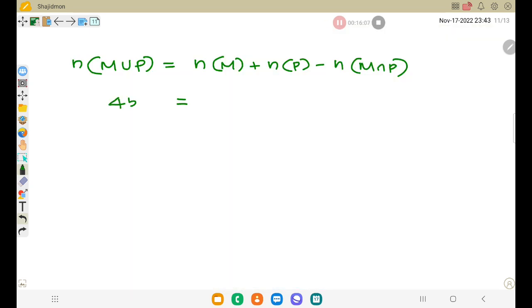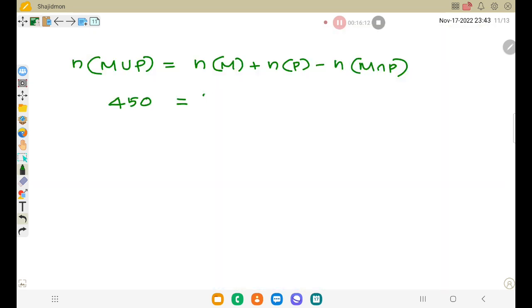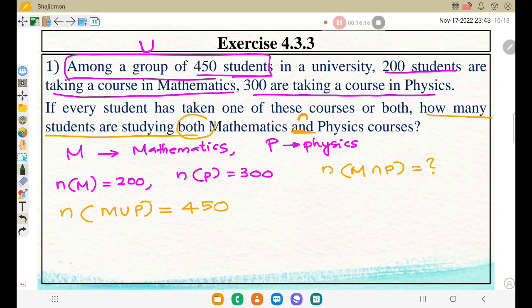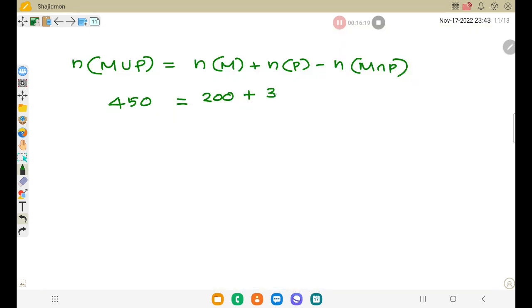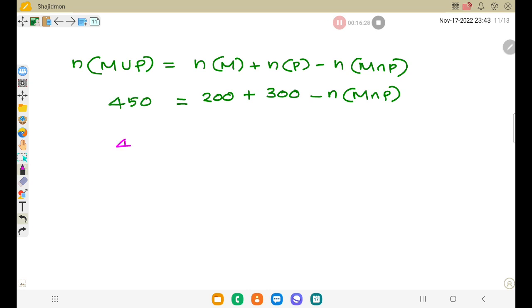So 450 equal number of mathematics, 200, plus number of physics students, 300, minus number of mathematics intersection physics, which we need to calculate. Now you can simplify. So 450 equals 200 plus 300, that is 500, minus number of M intersection P, correct?